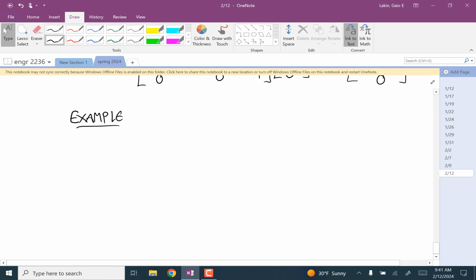Okay, so let's say we have an incline of 20 degrees. Well, let's do it the other way. So let's say we have an incline of 20 degrees and a mass of 5 kilograms.